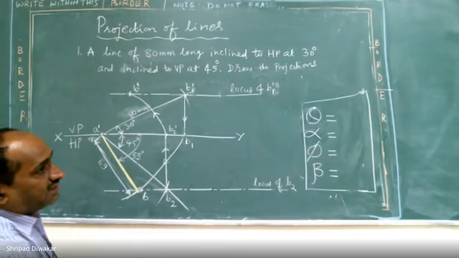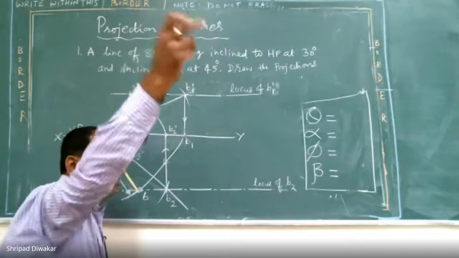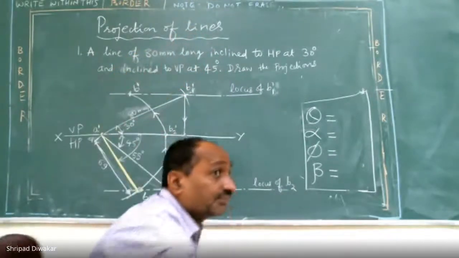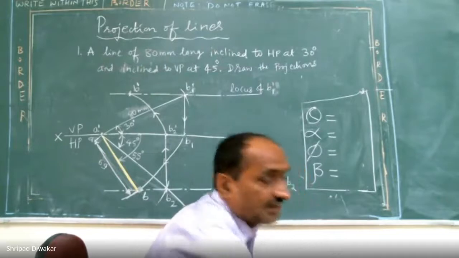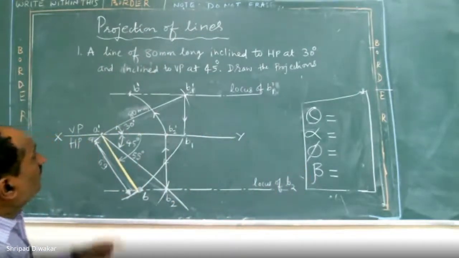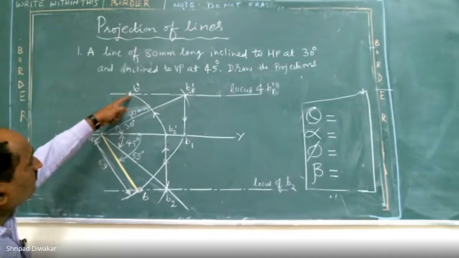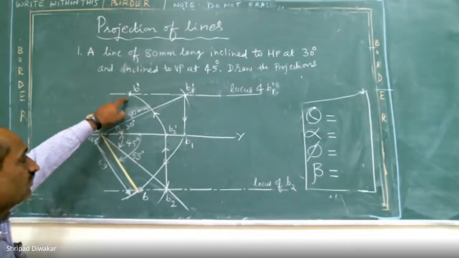After getting B dash, mark that point as B dash.